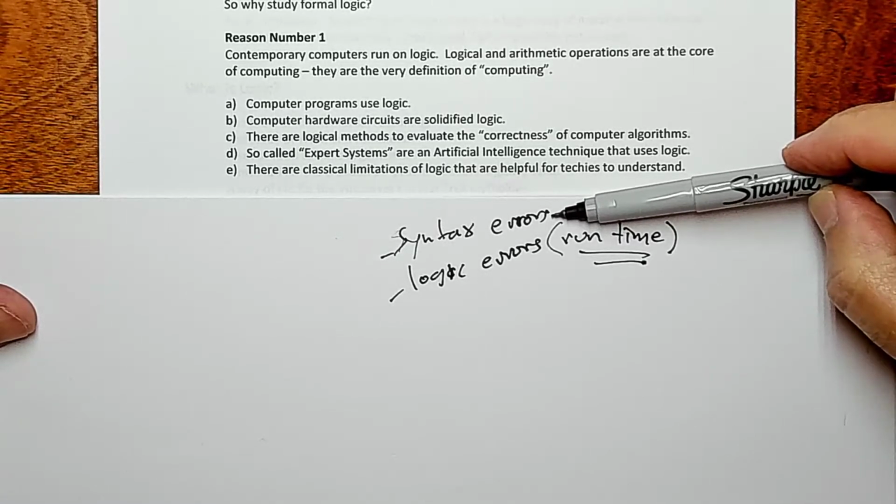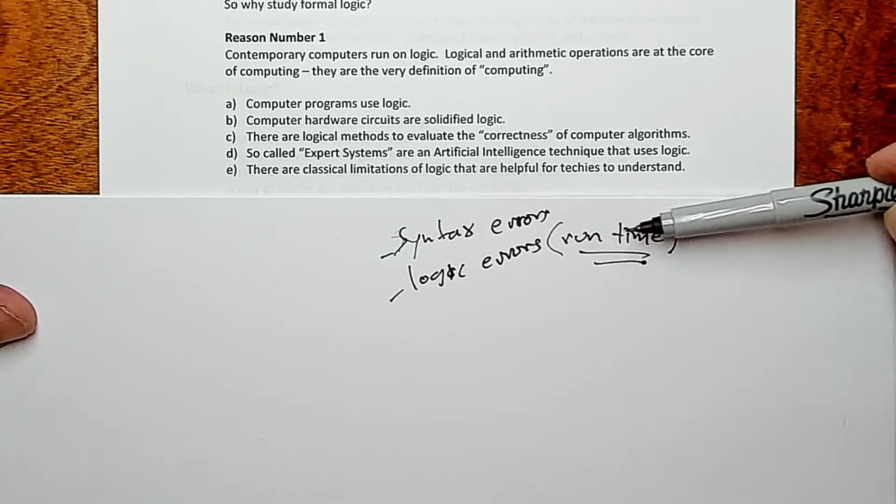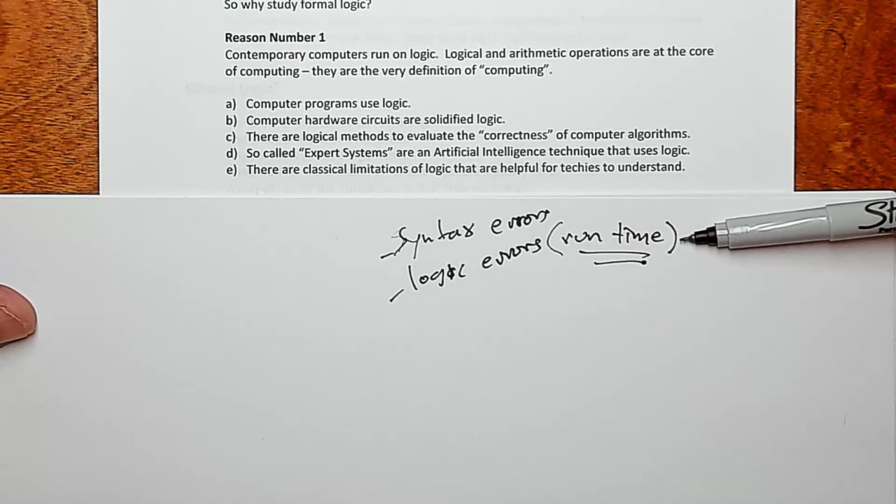Your compiler will find your syntax errors, no problem. But logic errors, right now, there really isn't any way to find all the potential errors that are in your code. But if there were, that would be a huge deal, because right now, programmers spend the bulk of their time just finding logic errors, right? Not writing code, but fixing code.